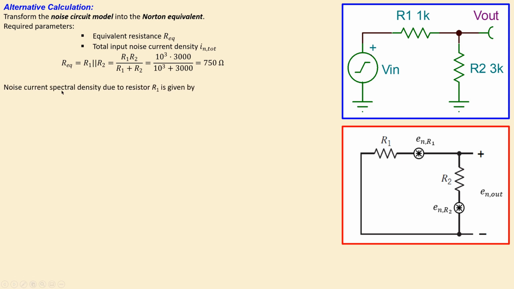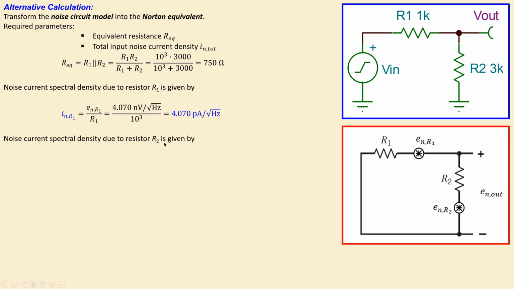And then the noise current spectral density due to the R1 only is then given by this. Just looking at this one, then transform actually this Thevenin form in the Norton form. So you will have then the parallel combination of the R1 with the noise current spectral density. Then that will be the following. You have the E sub n R1, which is already calculated, over that resistor value, then you will have this value for your noise current spectral density due to R1 only.